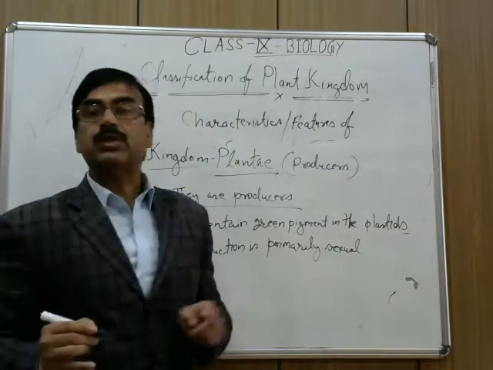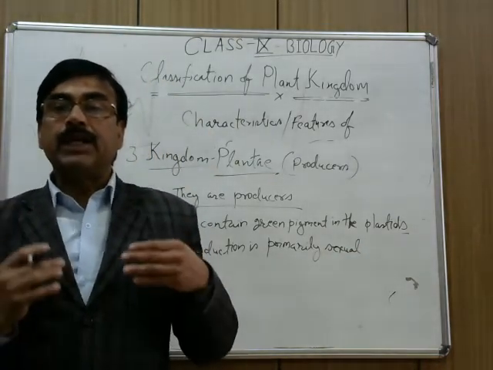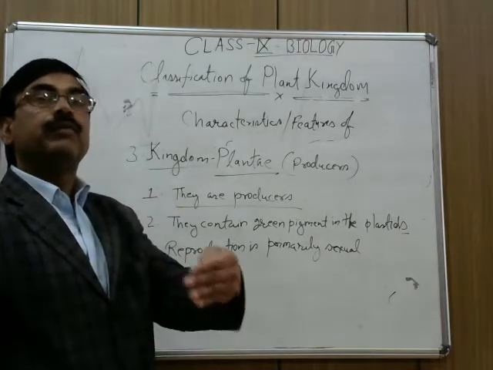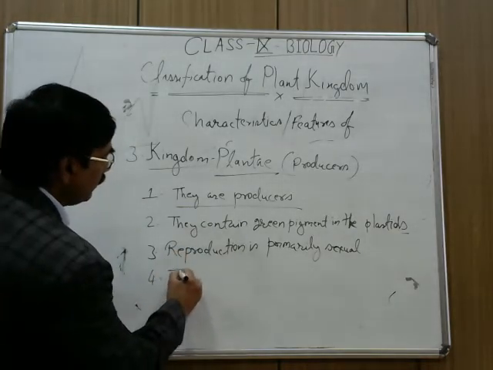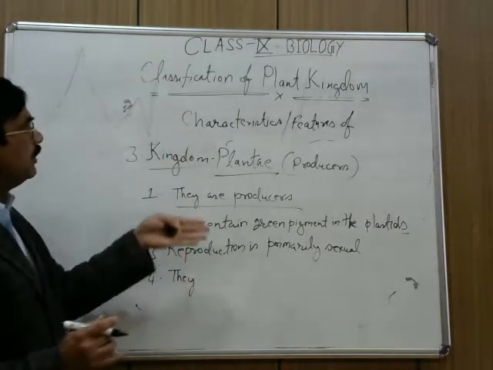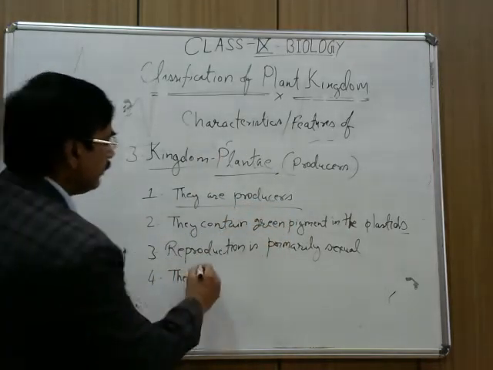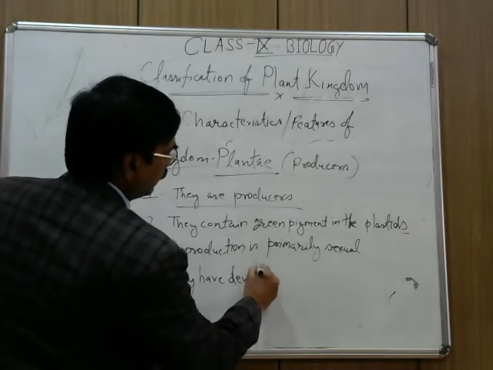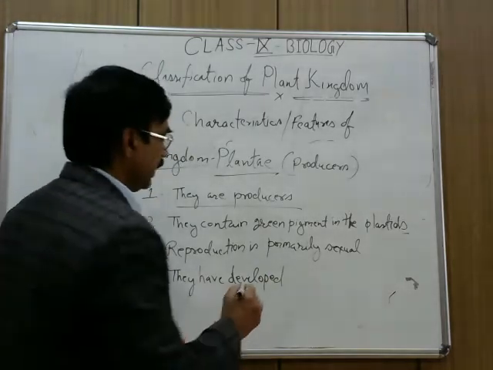Primarily sexual type. Number 4, they have developed vascular tissues for conduction of the food and minerals. Because we are moving to the advanced characteristics, they have developed vascular tissues.